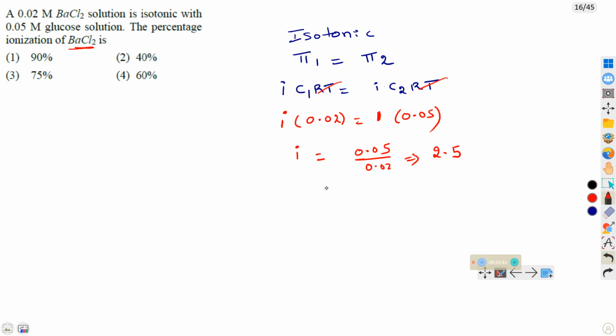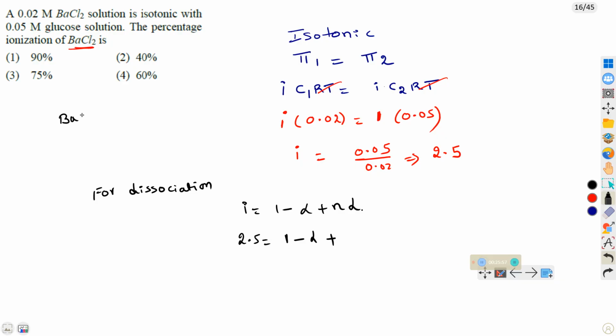We know the van't Hoff factor for dissociation: i is equal to 1 minus alpha plus n alpha. So the i value 2.5 is equal to 1 minus alpha plus n alpha.